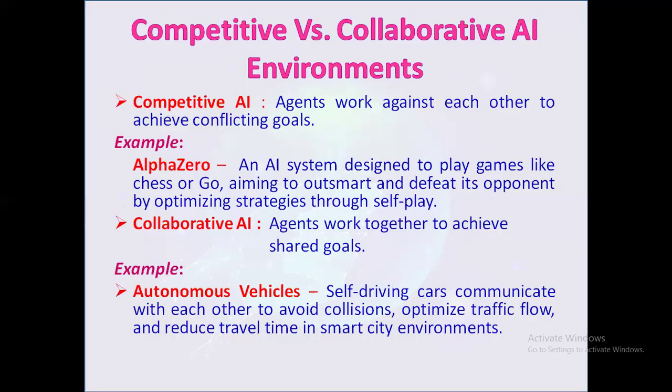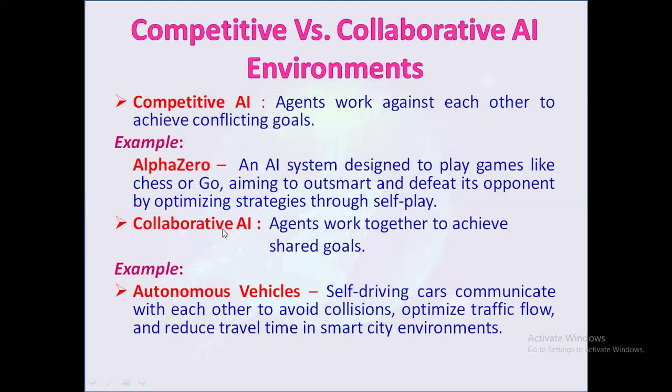The agent strategies are designed to outsmart and defeat their opponents, often using optimization and learning. Example, AlphaZero. An AI system that plays games like chess and Go using self-play to improve its strategies and ultimately defeat its opponents by anticipating and countering their moves.